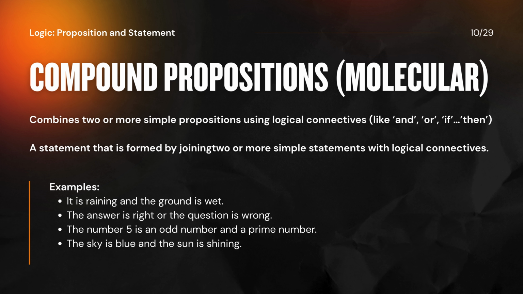The answer is right or the question is wrong. The number 5 is an odd number and a prime number. The sky is blue and the sun is shining. Compared to a simple proposition, this compound proposition is using logical connectives to combine two or more simple propositions.